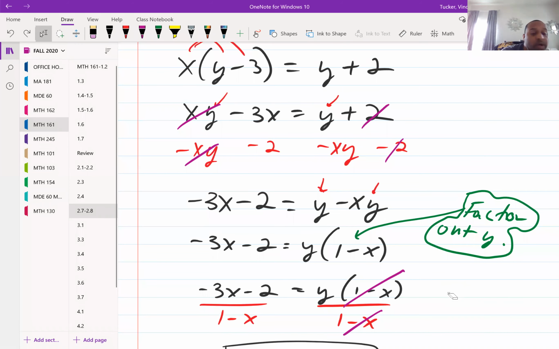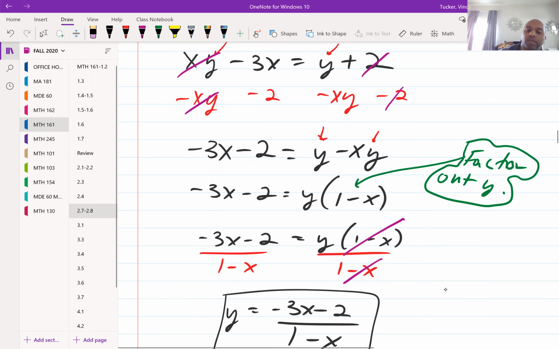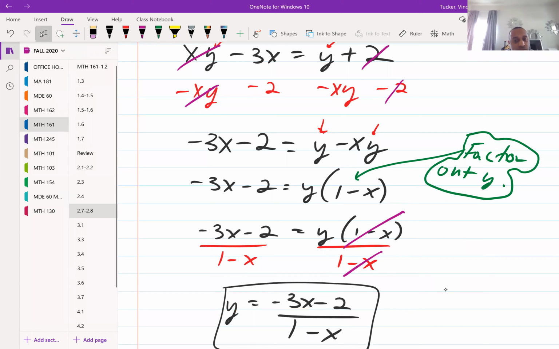Divide both sides by 1 minus x. It'll cancel out on the right. So y is equal to negative 3x minus 2 over 1 minus x.